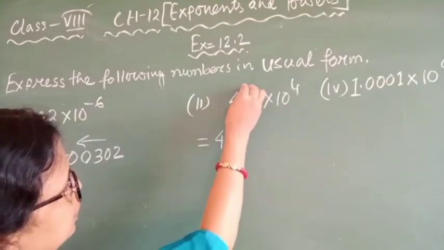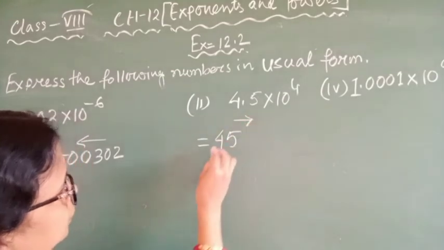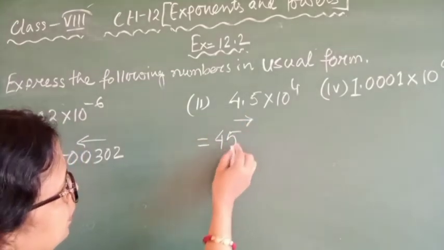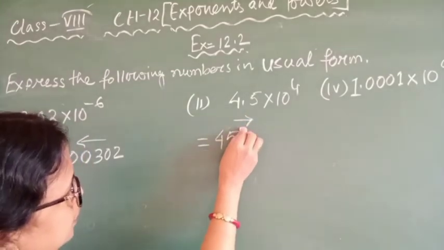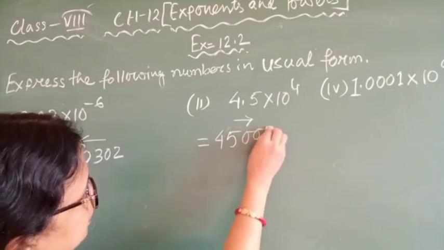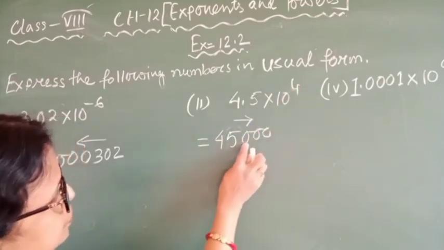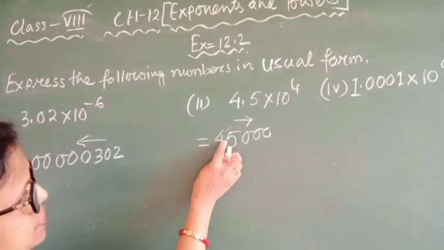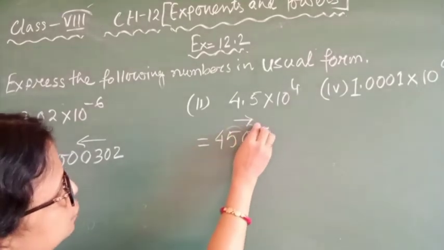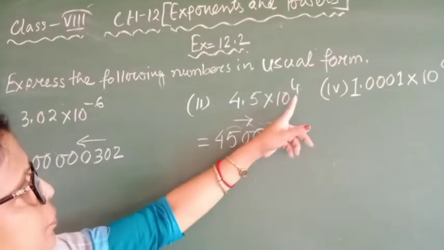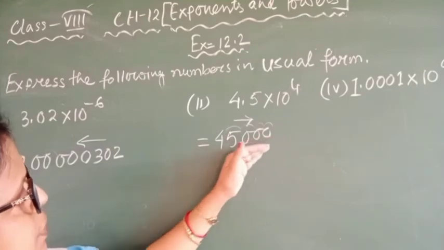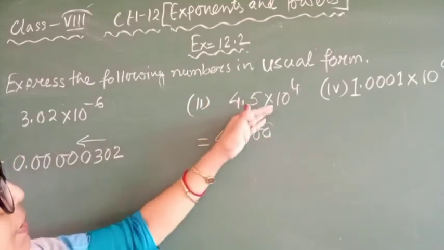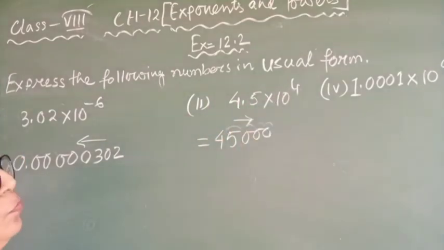The point is moving to the right side to make the number larger. In this power 4, 3 zeros are there and 5 is using them. Now see, 1, 2, 3, 4. So 10 to the power 4, and the zeros are on the right side, because it is a large number and the power is positive.